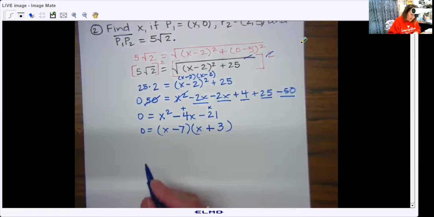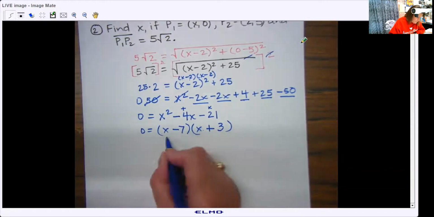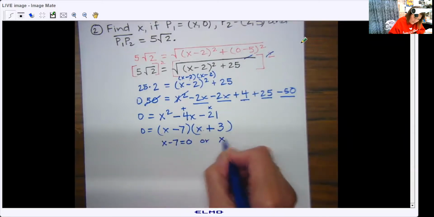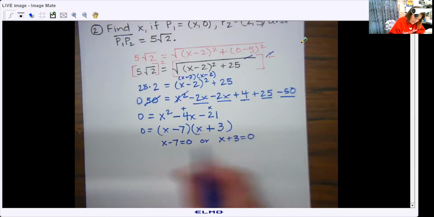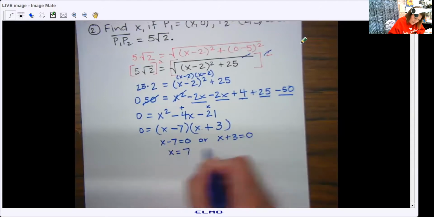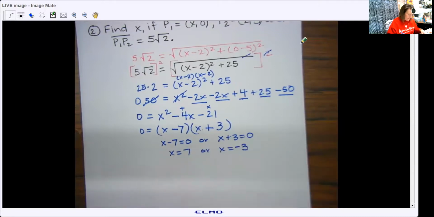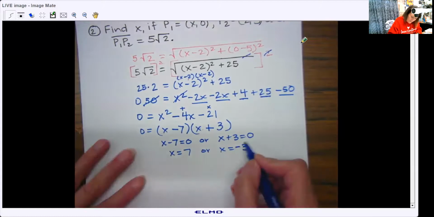That'll do it. So here, if two things multiply to give you 0, the zero product property says that this one has to equal 0, or x plus 3 has to equal 0. So x is equal to 7, or x is equal to -3. Okay, we've got our solutions.